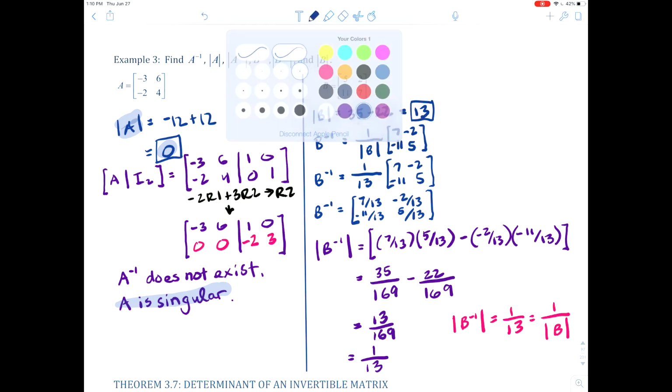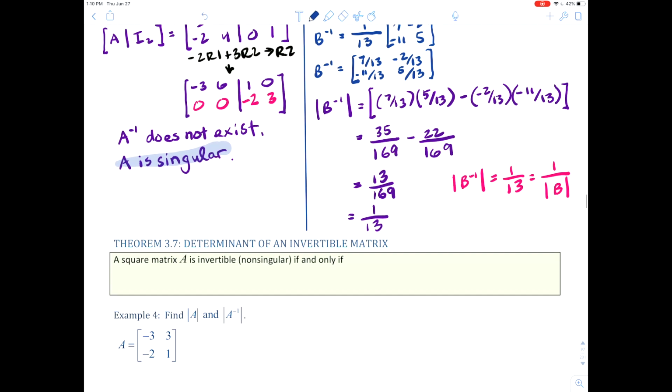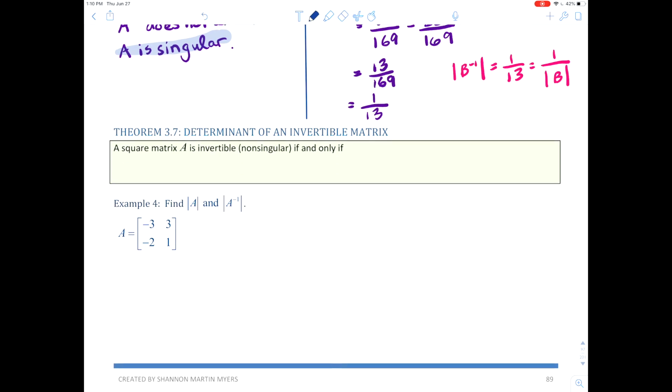Cool, cool. Okay, so let's see if that's a thing, and it is. Theorem 3.7, determinant of an invertible matrix. A square matrix A is invertible, non-singular, if and only if the determinant of A is not equal to 0. Very, very important concept. Okay?